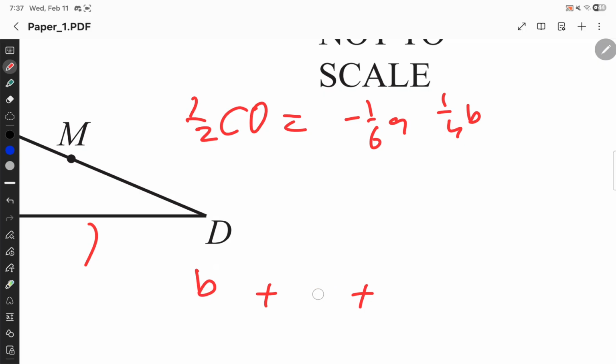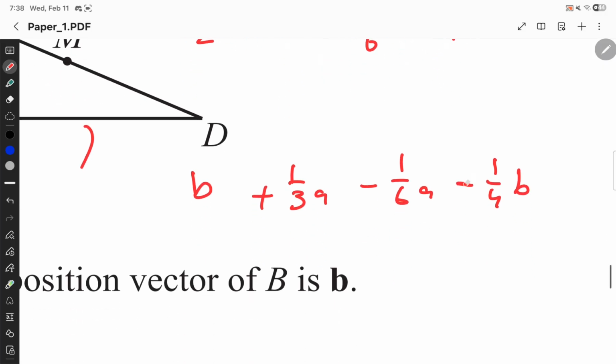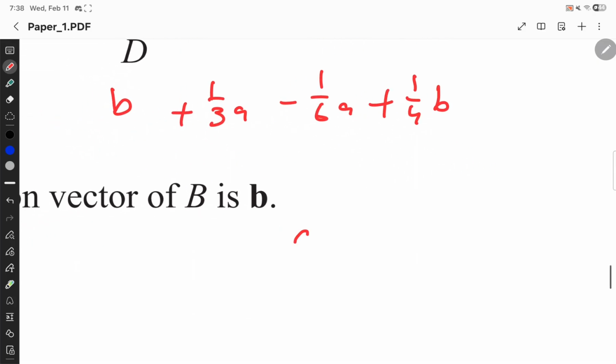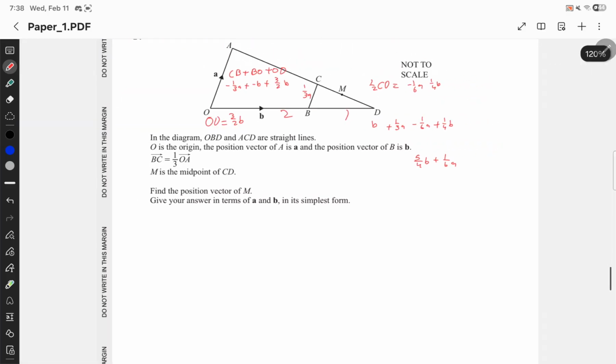OB is b, BC is a third a, plus a half multiplied on CD. Now let's solve this. This is 5 over 4 b, and this will be 1 over 6 a. Nice. And this is our final answer.